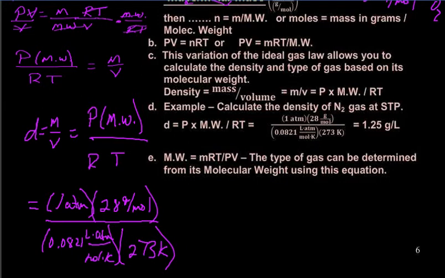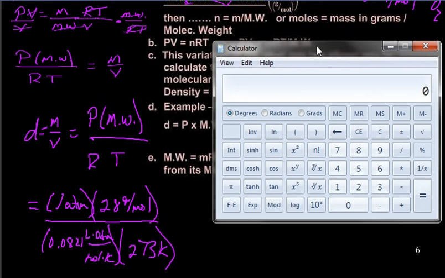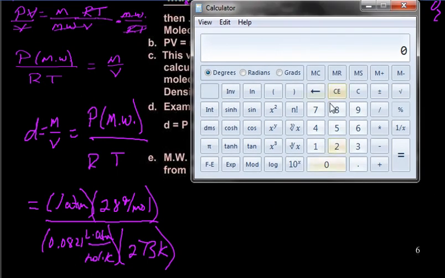Well, we plug that into our calculator. We get 1 times 28 divided by 0.0821, and then divided by 273.